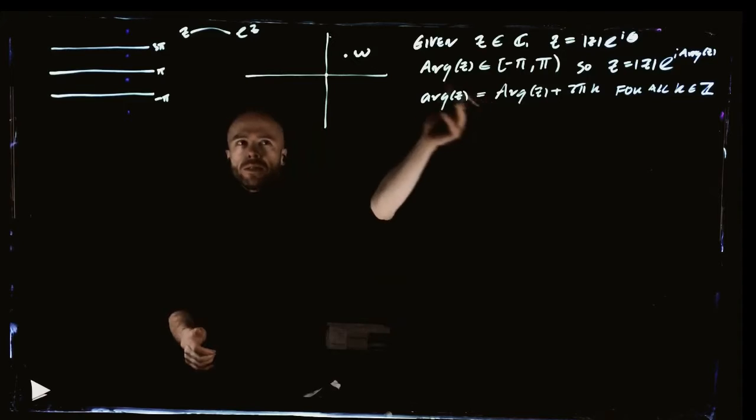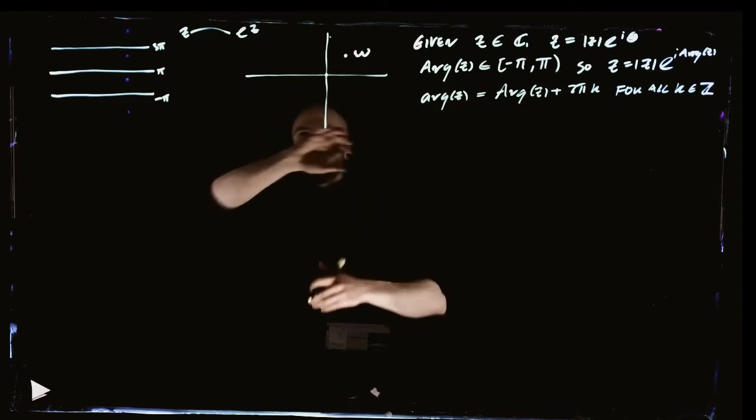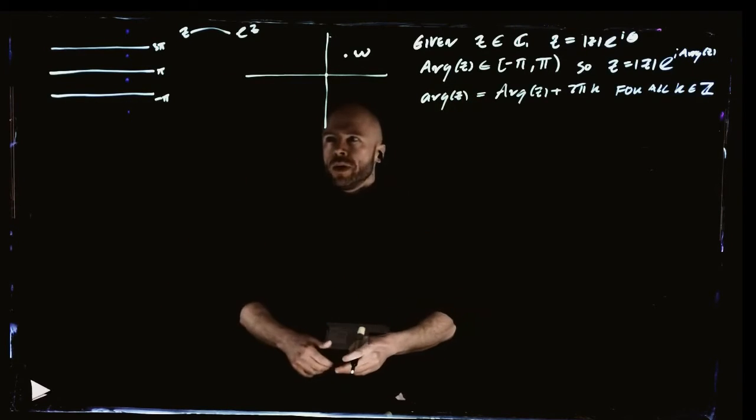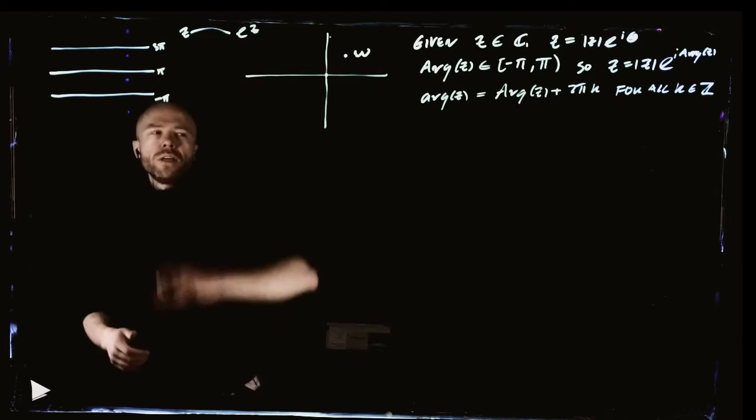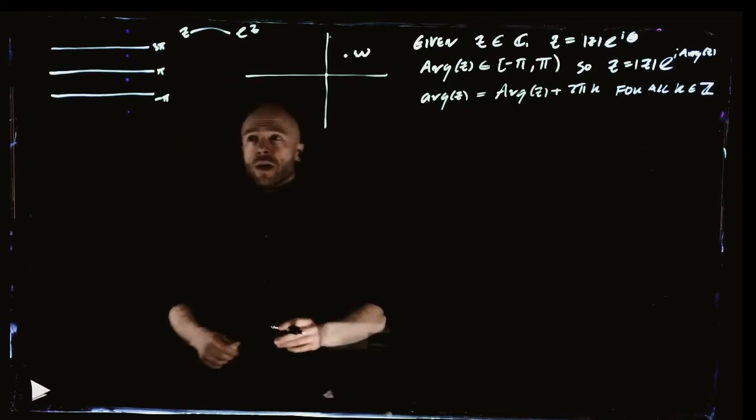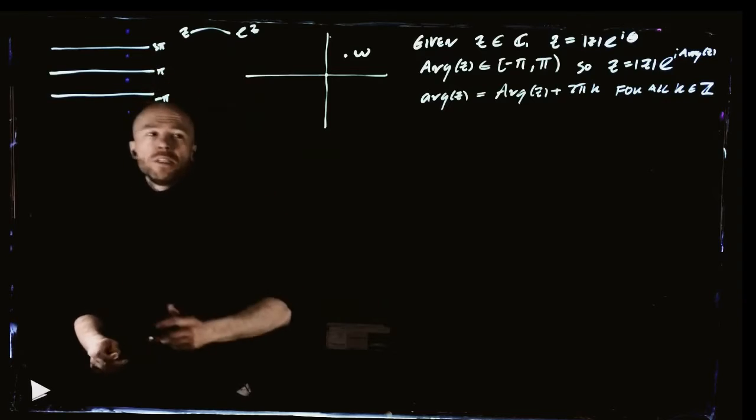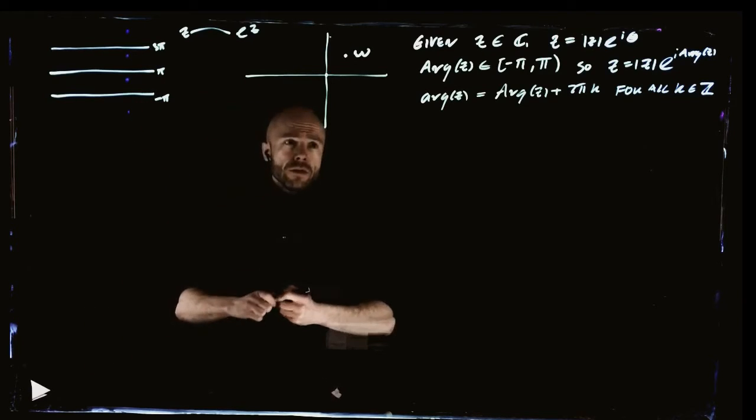So let's try and understand what the inverse of e to the z will be, given that we have a fairly good picture of the way it behaves. So if we restrict to just minus pi to pi, then what happens?